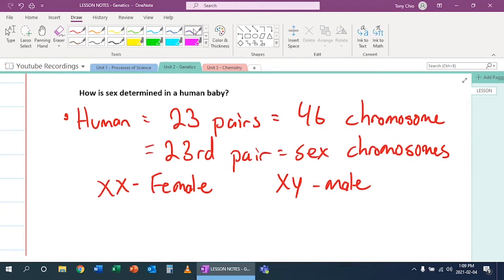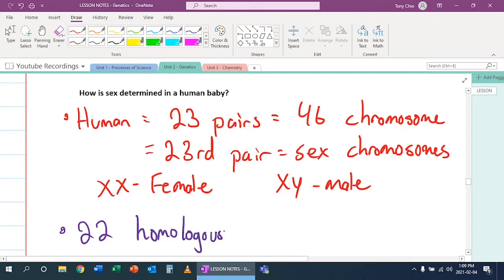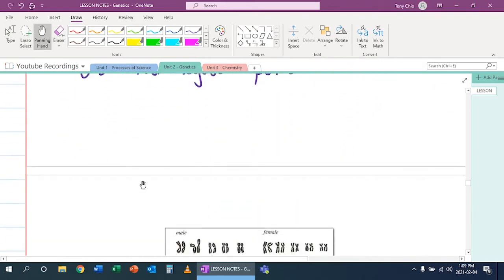The other 22 pairs of chromosomes are what we call homologous pairs. What homologous means is that they are the same size with the same genes. All right. Now, there's another actually a homologous one. The female chromosome is also homologous because you have two XX chromosomes. So what does that have to do?